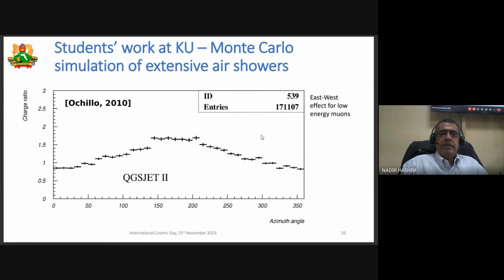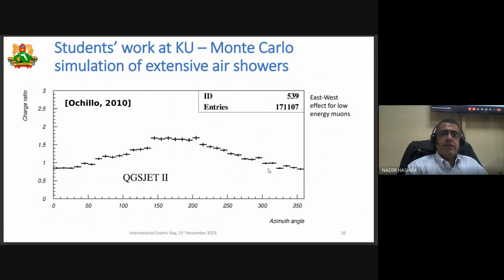Later on, I supervised students at Kenyatta University. This is a sample work by one of my former students, Mr. Livingstone Ochilo, now Dr. Livingstone Ochilo, who went on to do a PhD in this field. This is what he observed at that time. He carried out Monte Carlo simulation of extensive air showers and saw the east-west effect.